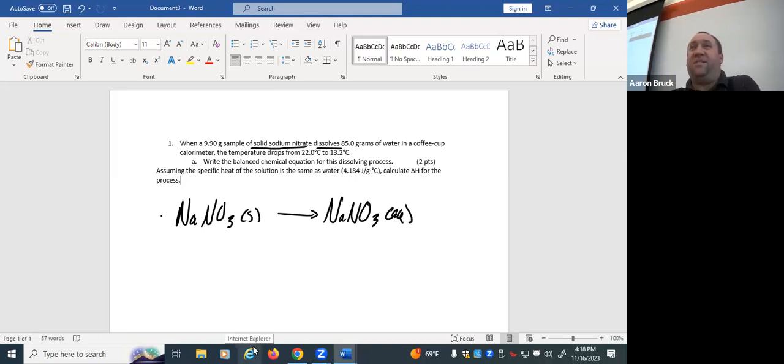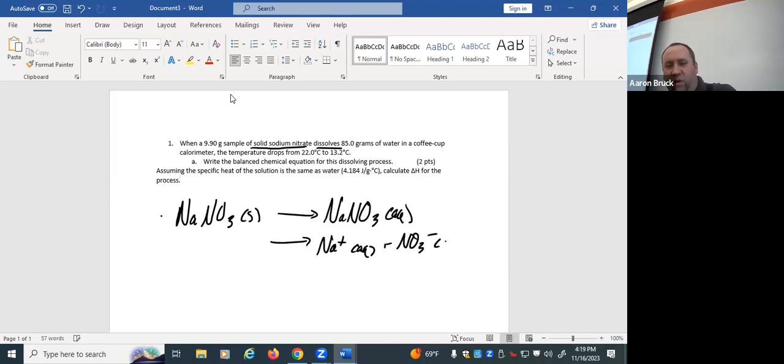That's basically it. Now, if you want to go for extra credit and cookie points, you could turn this into the ionic equation just as easily and talk about how when it actually dissolves, it would ionize because that's what ionic compounds do. I would have accepted either one. So that's part A.